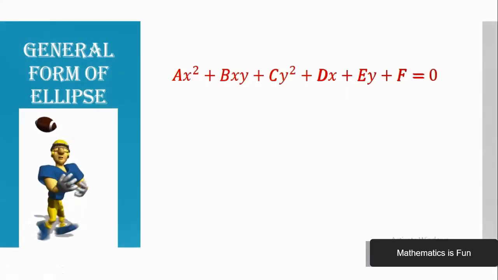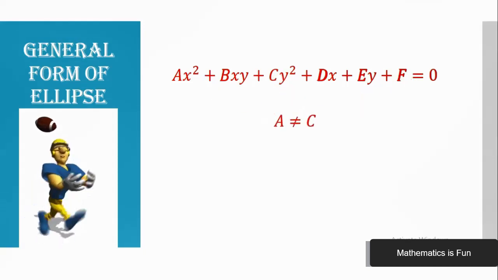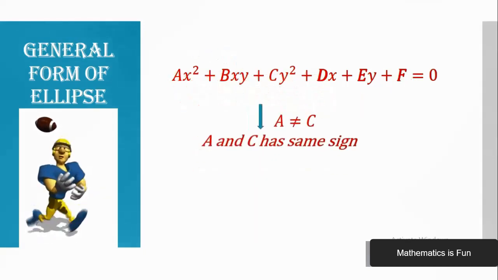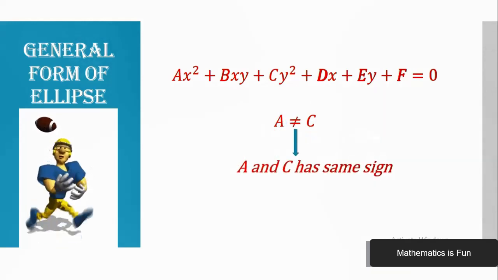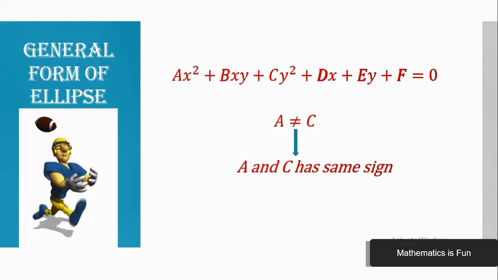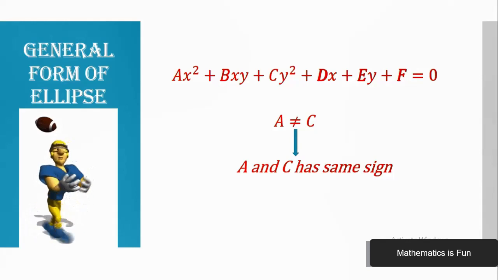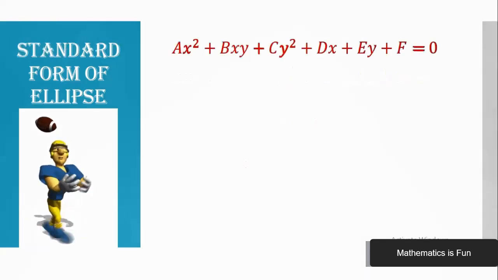How can we produce the equation of an ellipse from it? If the values of a and c are different with the same sign, then the equation we get would be the equation of an ellipse.